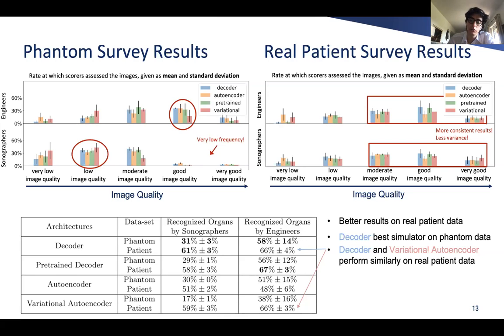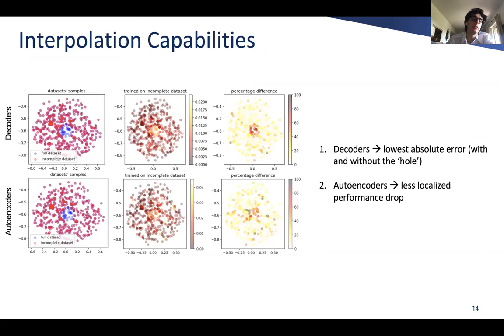We will now move on to experiments on the interpolation capabilities. We divided the results between decoders and autoencoders, as for these experiments, the two categories performed extremely similarly. Therefore, for ease of visualization, we just report these two groups.